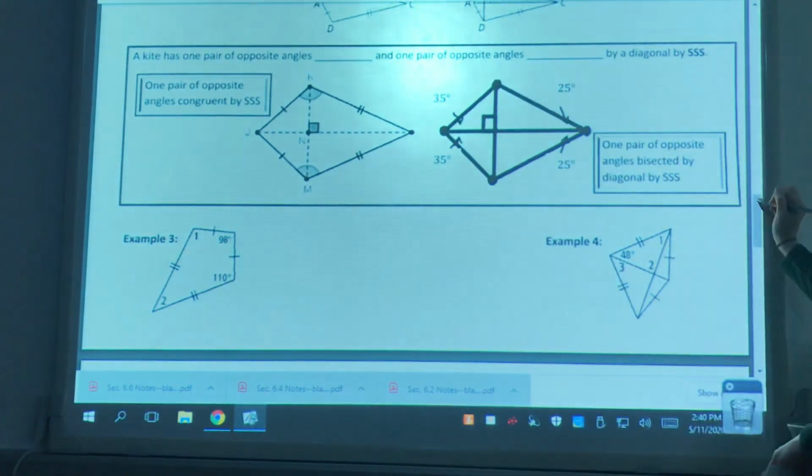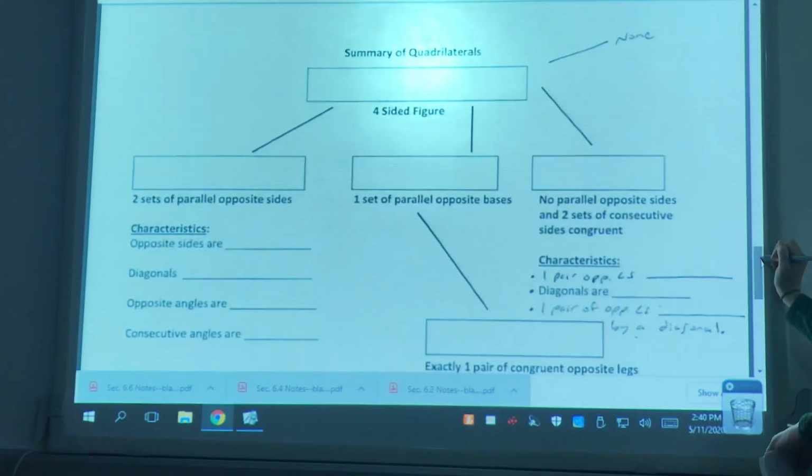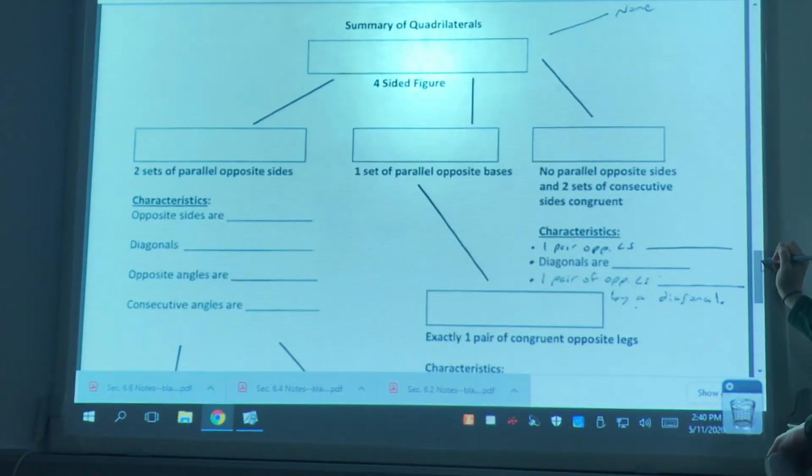Okay, so last page here is a summary page. And I know we filled out a summary page in section 6.4 the other day.